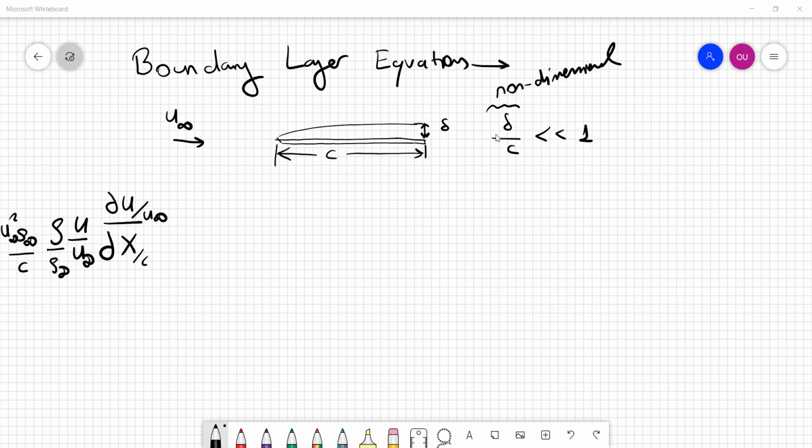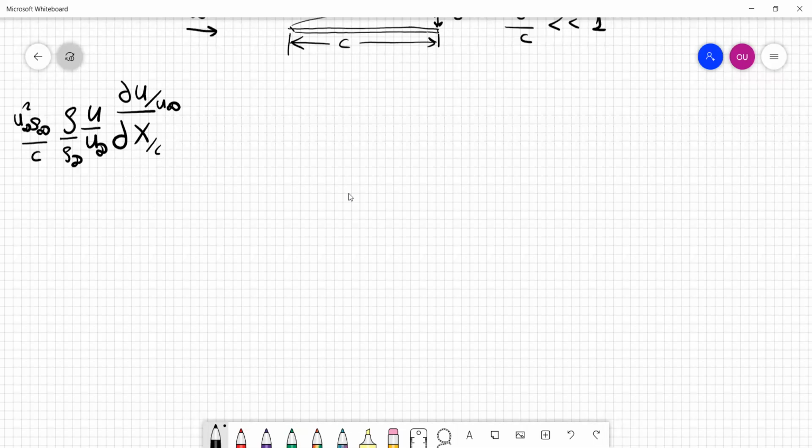So when we do that, for every single term in the x momentum equation, we obtain what we call the non-dimensional form of the x momentum equation. And how does it look? Just to recap again, for velocity, the star value is the non-dimensional quantity, equal to u over u infinity.